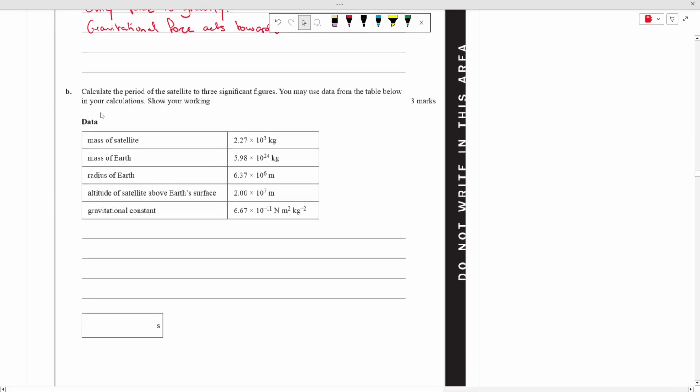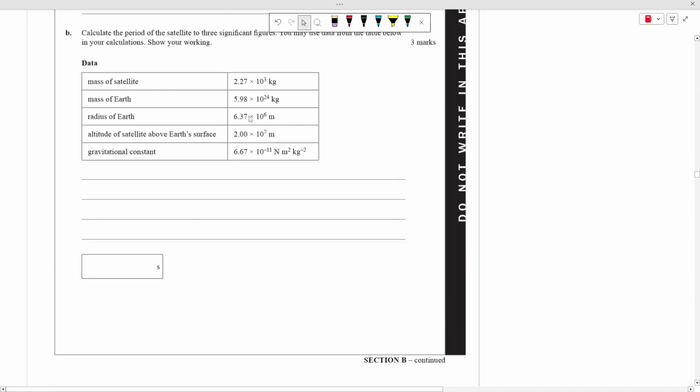Part B. Calculate the period of the satellite to 3 significant figures. You may use data from the table below in your calculations. Show your working. Okay, so in the previous exams, I've already mentioned you should have this formula handy. R cubed over T squared equals GM over 4 pi squared.